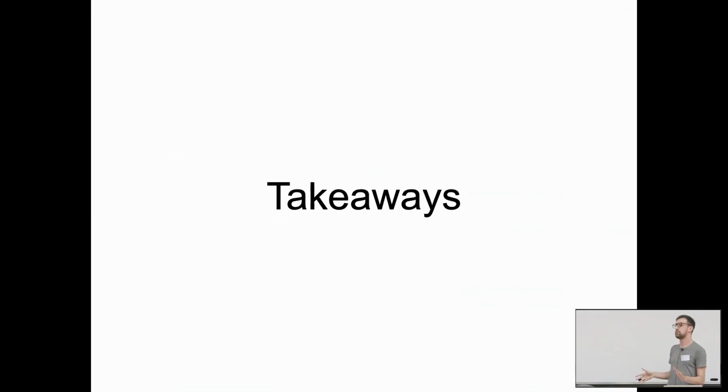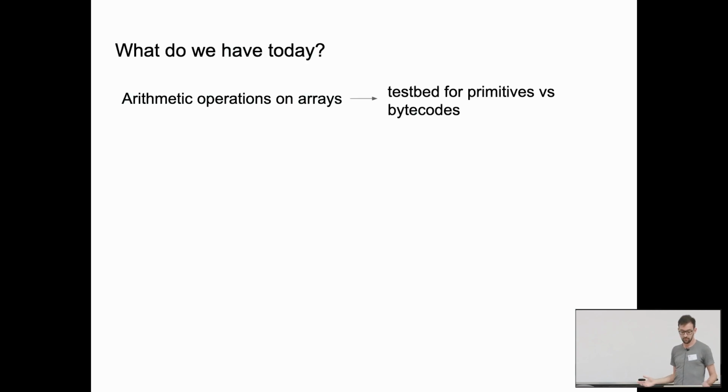So, takeaways from this. Number one, we're working on these sorts of operations. We have already implemented many operations on arrays, and this is basically the test bed for trying out different approaches. We saw that building operations with something very close to assembly is super performant.